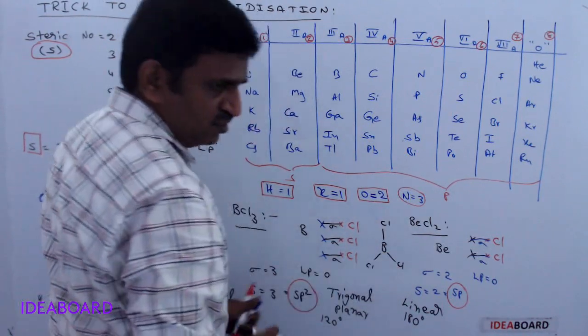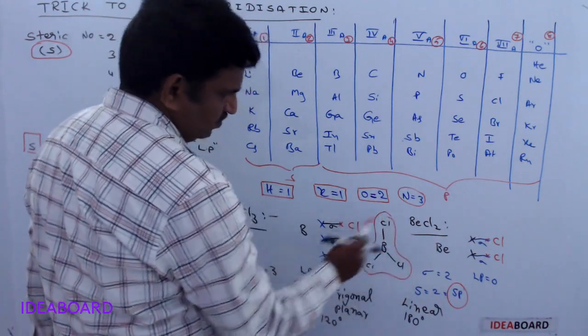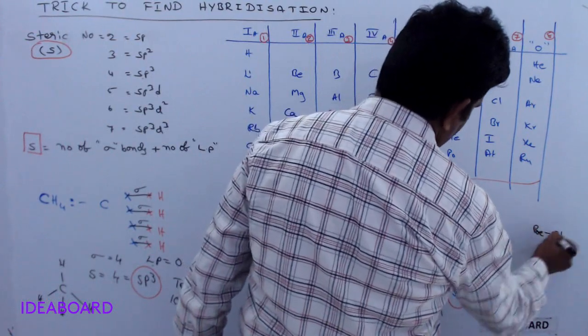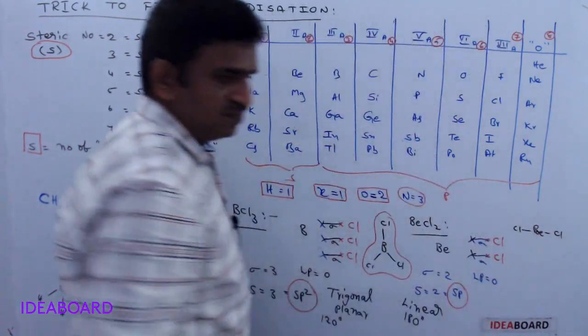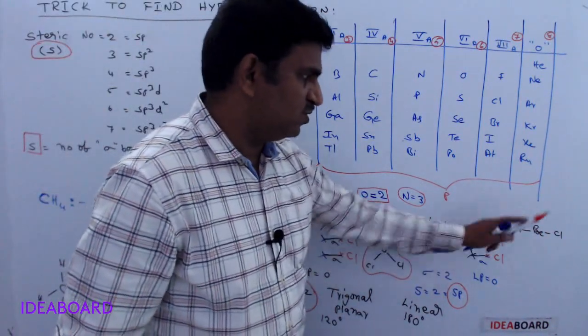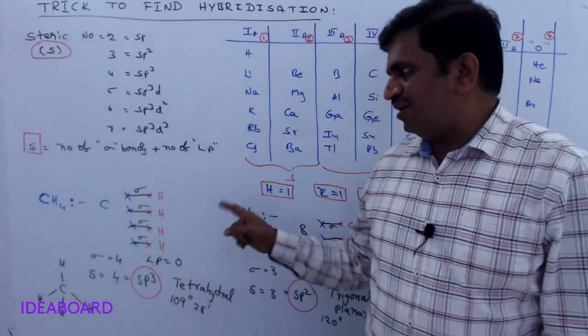This is the BCl3 molecule structure. And the BeCl2 molecule structure, beryllium chloride, is this. For BCl3 we wrote 3 bonds, and here 2 bonds. So the steric number gives clear values.